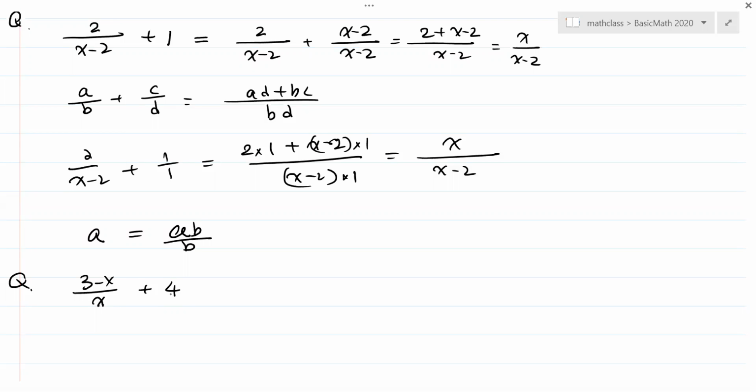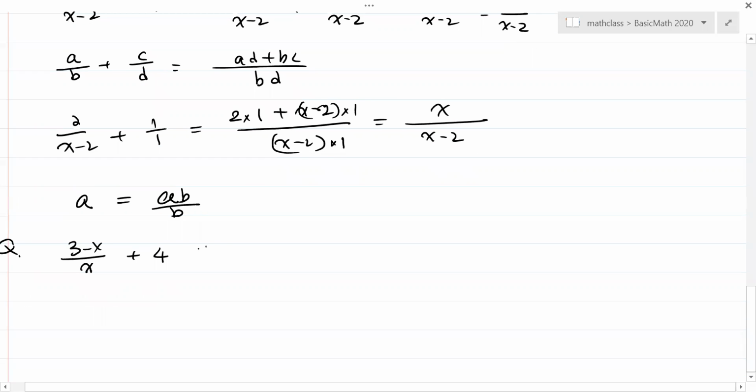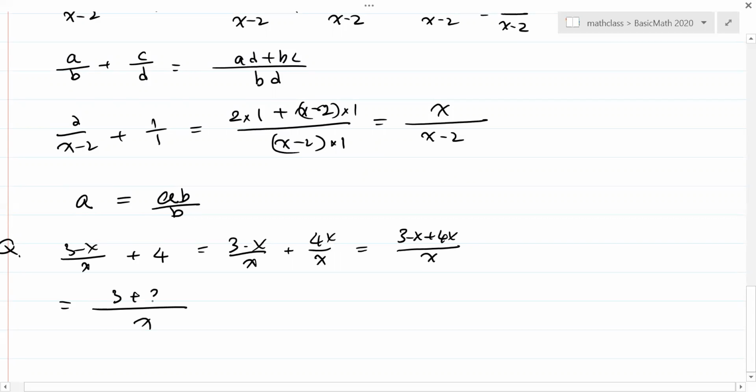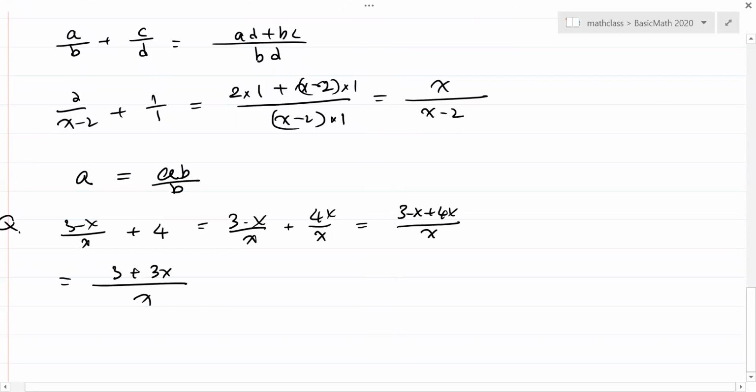You can express 4 as 4x over x. Then they have the common denominator. So you will get 3 minus x plus 4x over x, and this is 3 plus 3x over x. Yeah, Michael, your expression is good. The answer is correct.